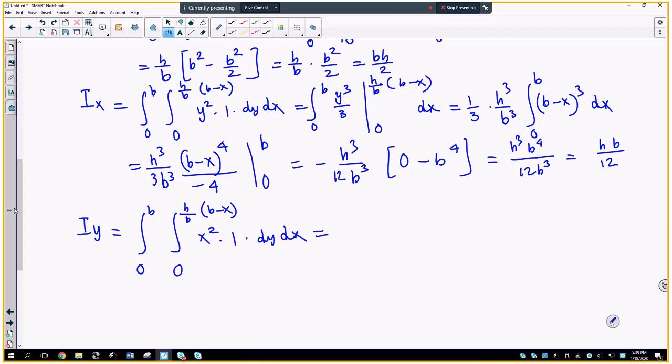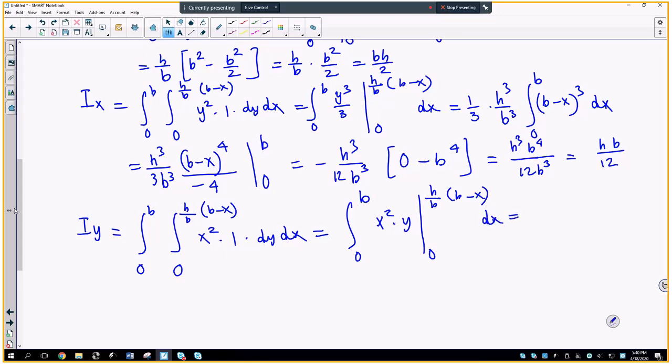So again, we will integrate with respect to y first, and we're going to get the integral from 0 to b of x squared times y with the limits of 0 to h over b times b minus x, dx.